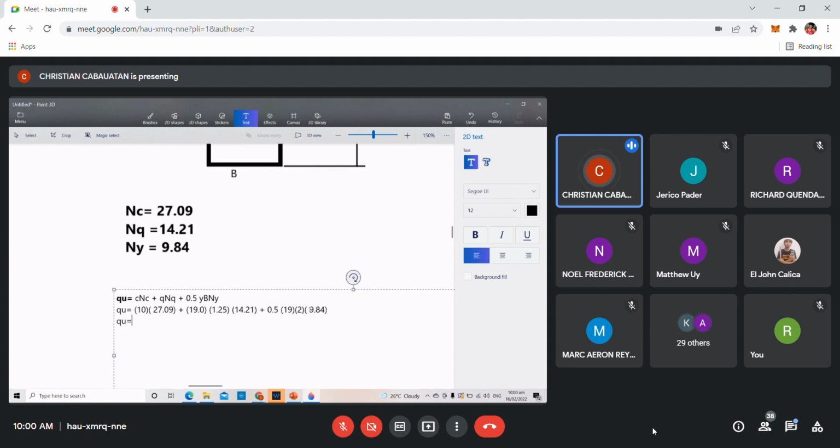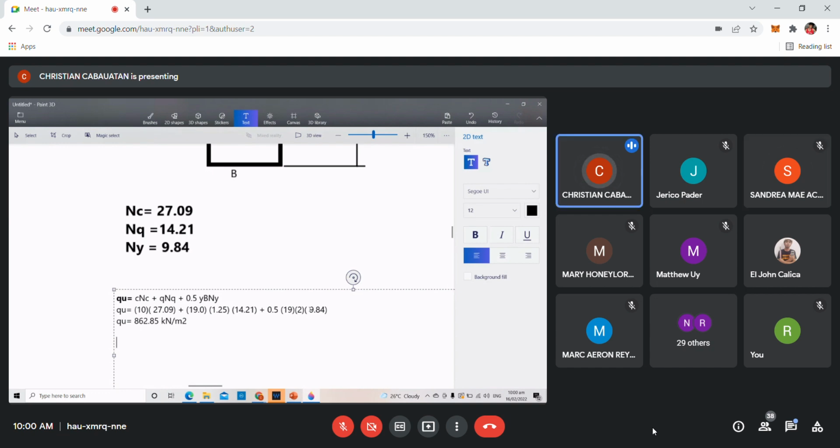Okay. Kung all set na, ano yung ating QU? 800... 62.85 kilonewton per square meter. So, Sir, wala po bang 2/3 yung sa CNC, sir?